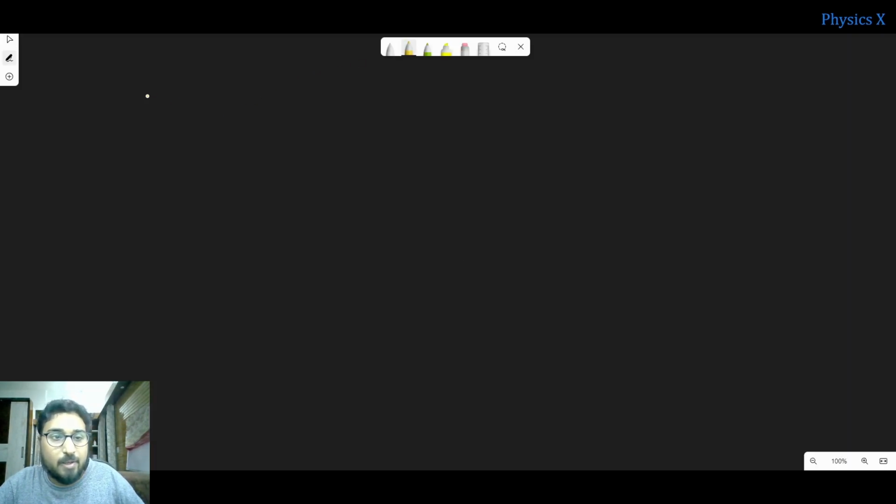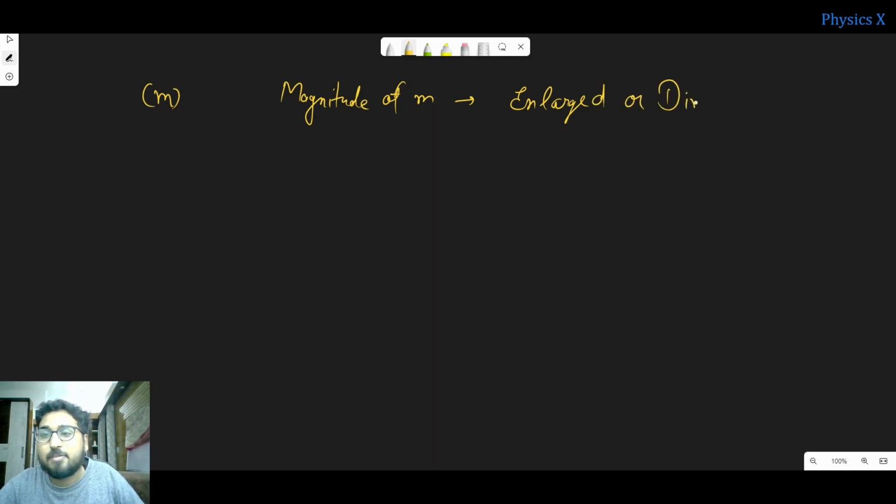M represents magnification. The magnitude, that means the numerical value, will tell you whether the image is enlarged or diminished. How will you do it? M greater than 1 means enlarged, M less than 1 means diminished, and M equal to 1 means same size.